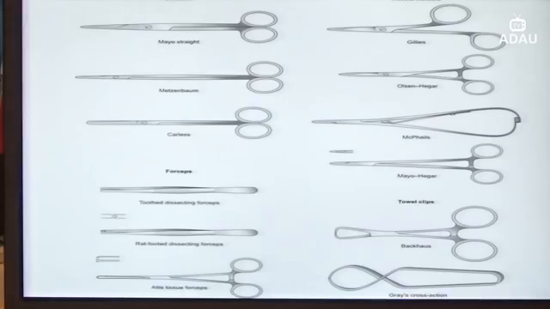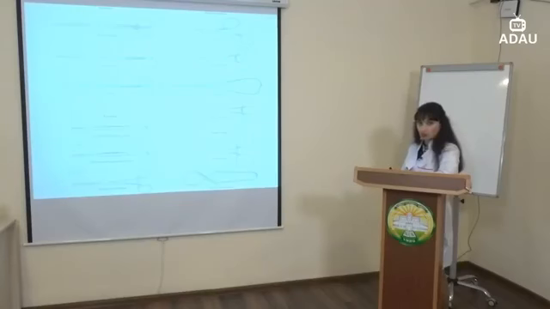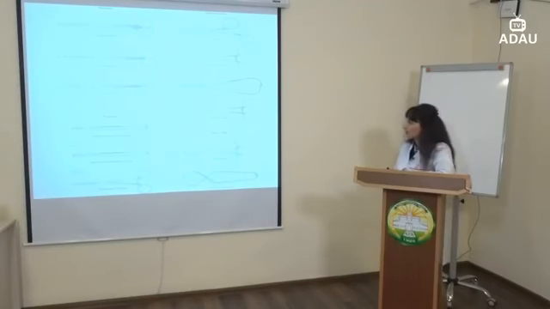Nowadays we also use towel clips to fix the towel on the operating field. On the left side, different types of scissors, straight scissors, and surgical scissors for dissection of the peritoneum or skin, forceps and tweezers, and hemostatic forceps.